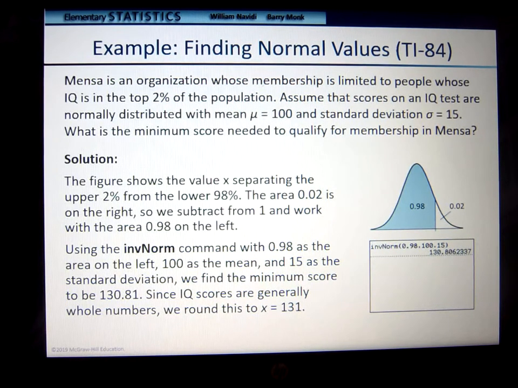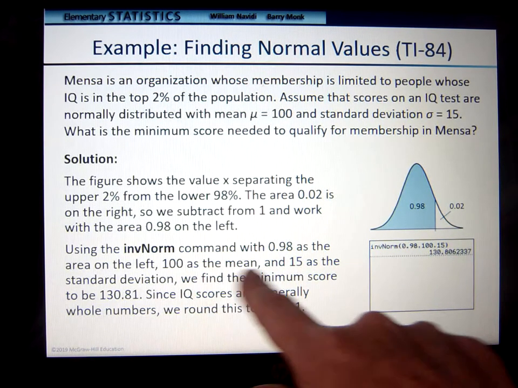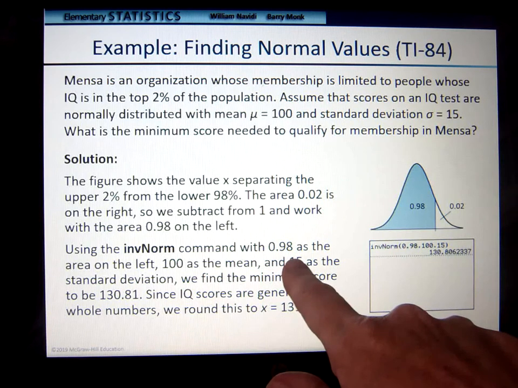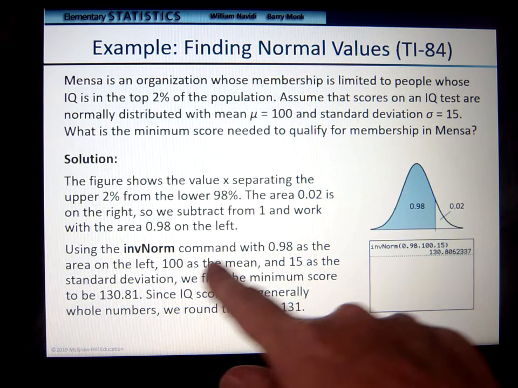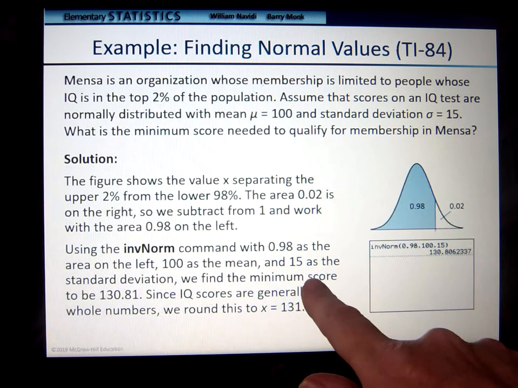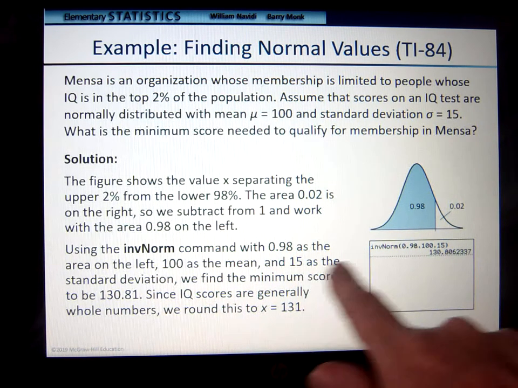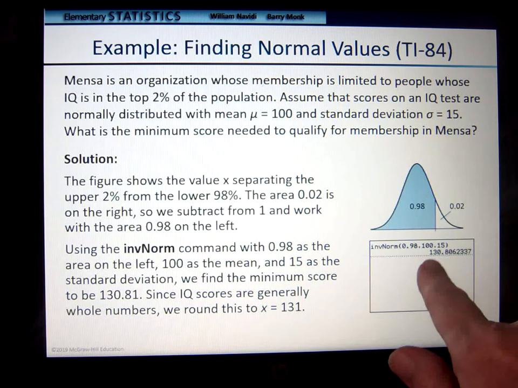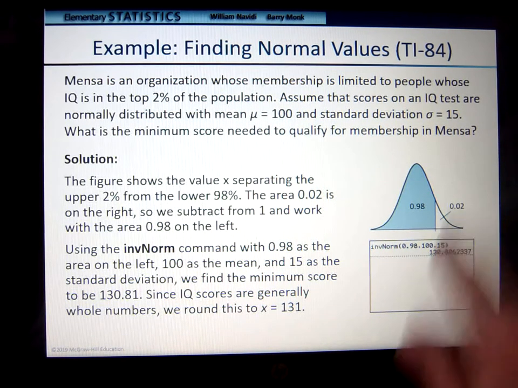The area is 0.02 on the right, so we subtract from 1 to get the area of 0.98 on the left. Now, we can use our inverse norm command with 0.98. We're going to put 100 as the mean, 15 as the standard deviation, and when we do that, we will get the same value of 131.